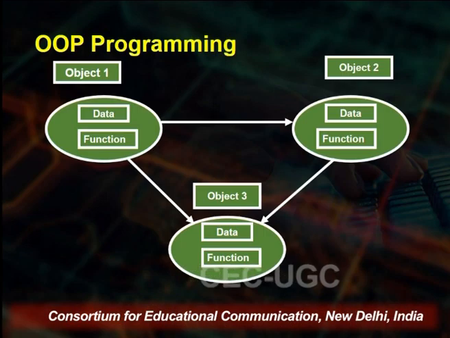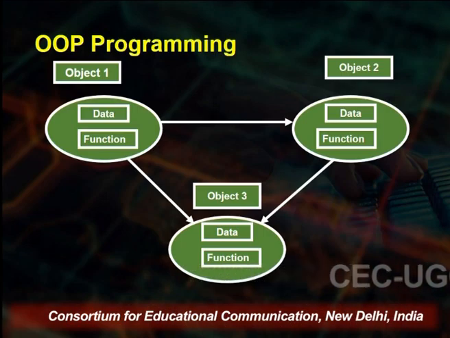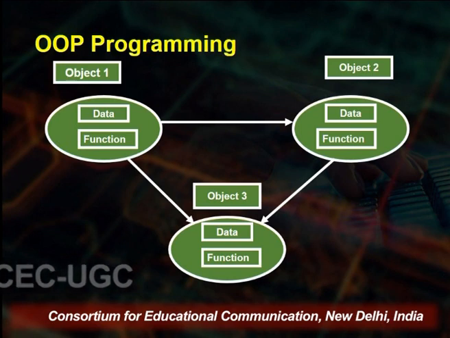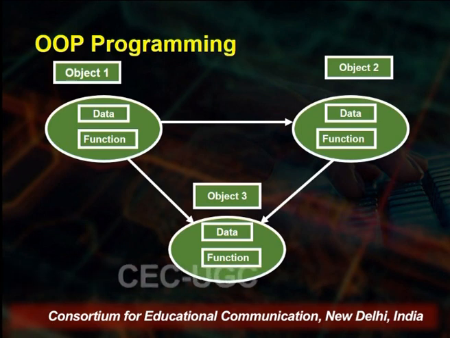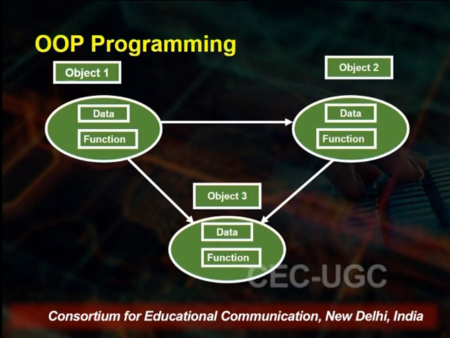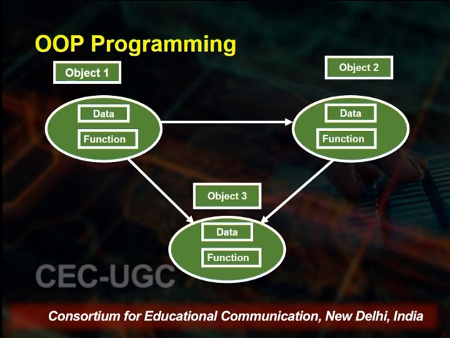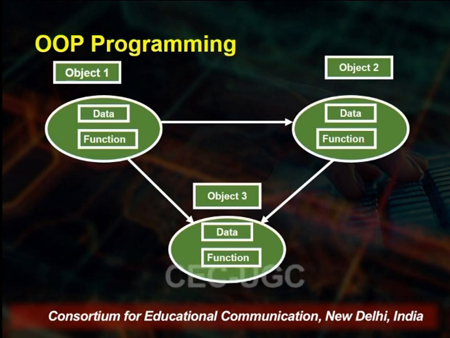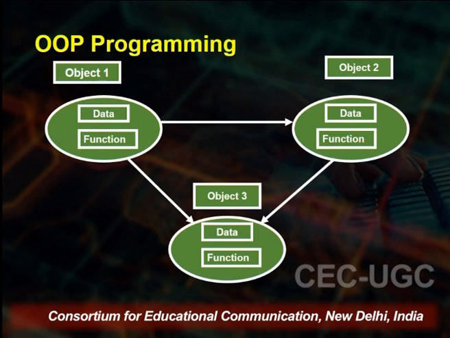So in order to understand this whole concept, let us have a look at the figure which is going to describe the structure of the object oriented programming paradigm. On the screen there are three objects shown with the help of ovals: object 1, object 2 and object 3, and these objects have data.